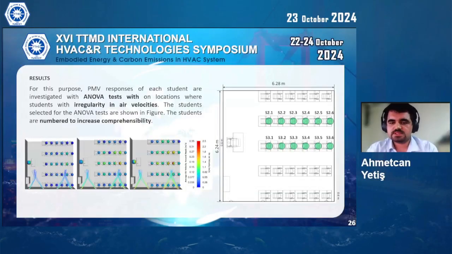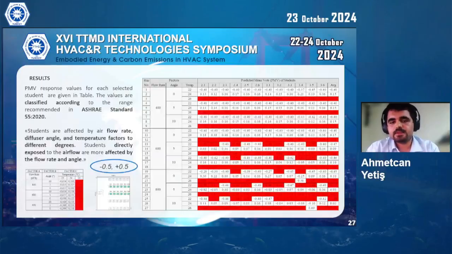The same ANOVA tests were also performed on locations where uneven airflow distribution was experienced most, as these students are shown in the figure on the right side. Students that have been selected are numbered to increase comprehensibility. Here we can see the PMV values of all selected students.